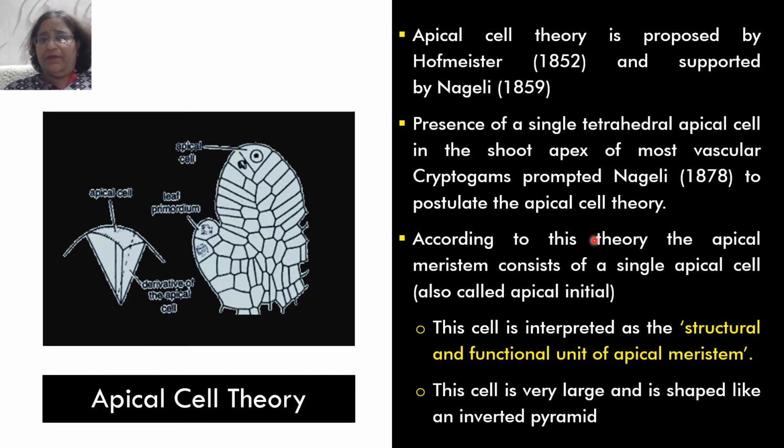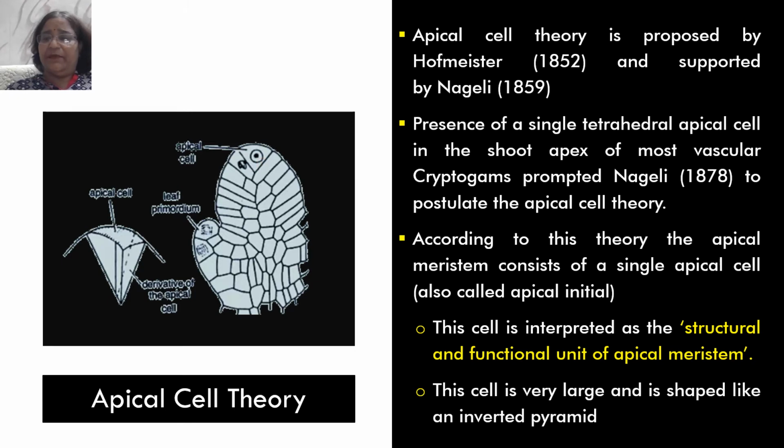According to this theory, the apical meristem consists of a single cell, and this is known as the apical initial, and this cell is known as the structural and functional unit of the apical meristem. This single cell is very large and it is inverted pyramidal in shape.